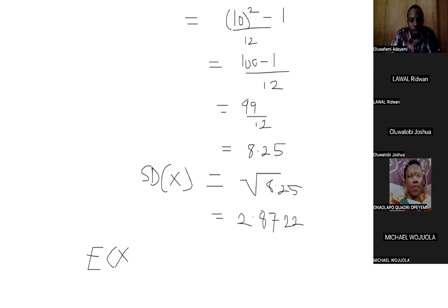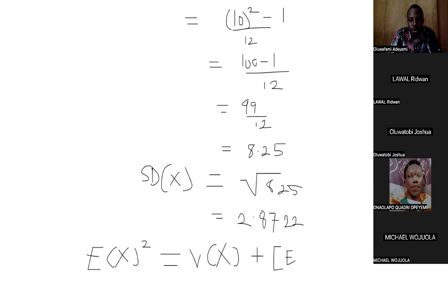it will be the variance of X plus the square of the expected value of X. And somebody may say, how is that?